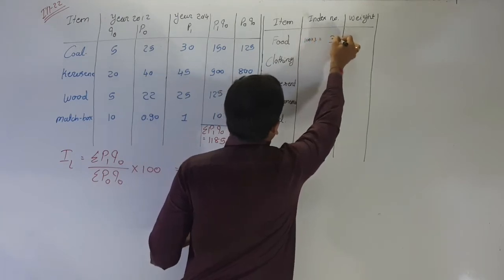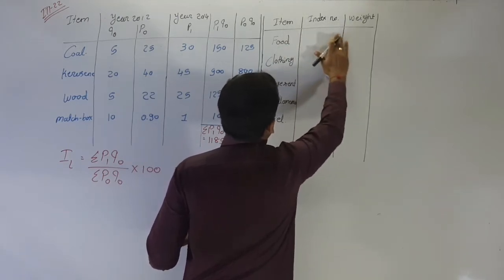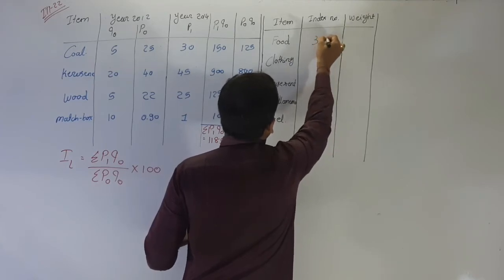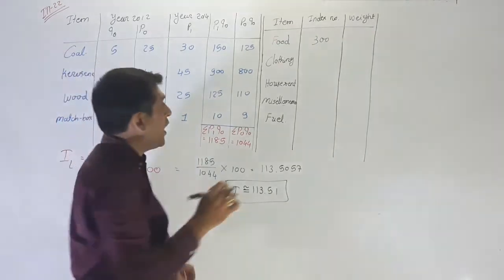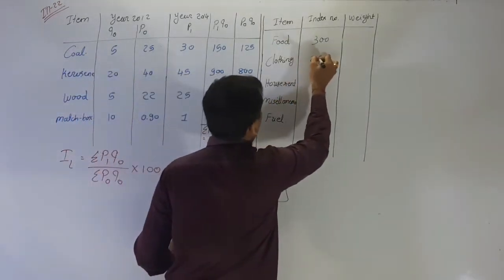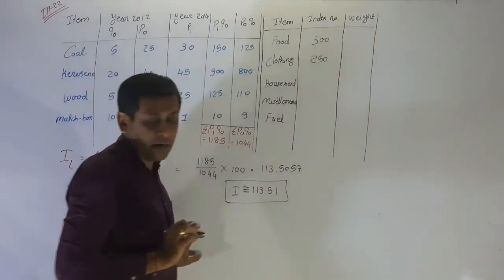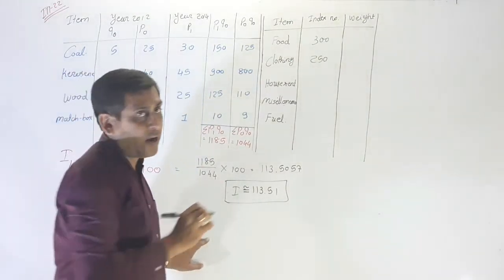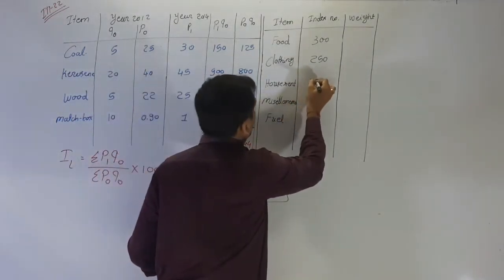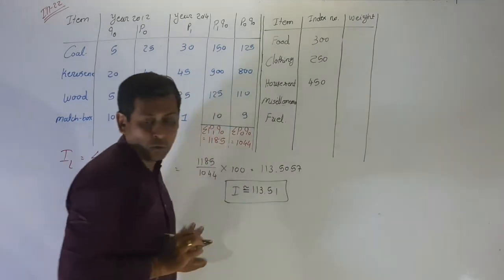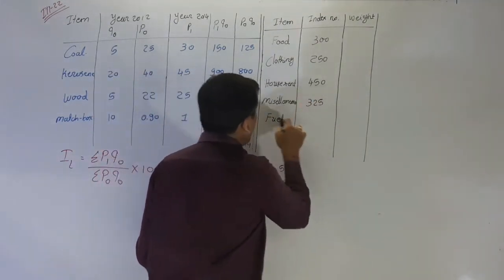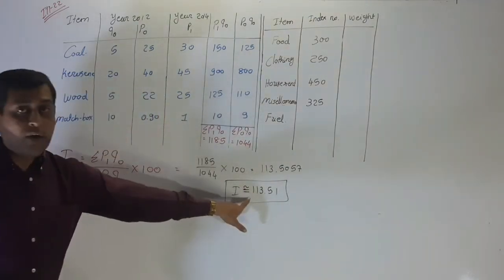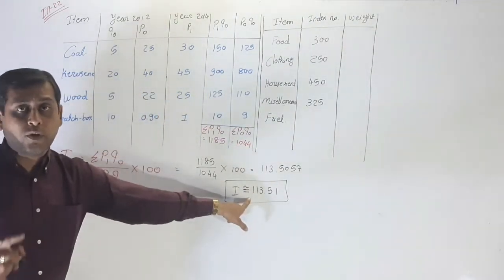You just have to write the index number. Then 100 into 2.5 is 250. Then 100 into 4.5 is 450. 100 into 3.25 is 325, and the fuel index number, whatever we found out, we have to write that here.